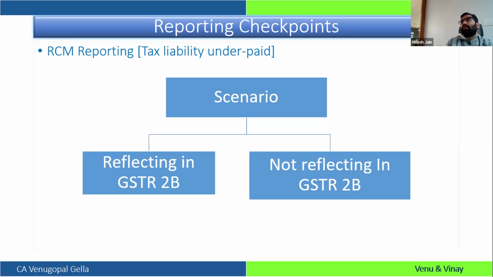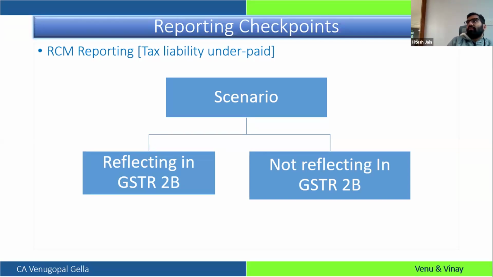Don't report in both GSTR 9 and GSTR 9C. Instead, we can pay RCM liability on such expenses in the upcoming month's GSTR 3B return and claim the corresponding ITC.